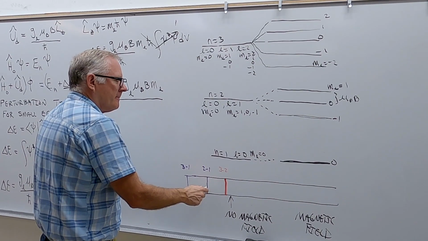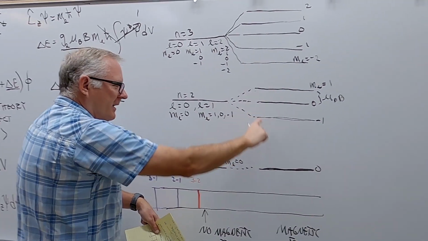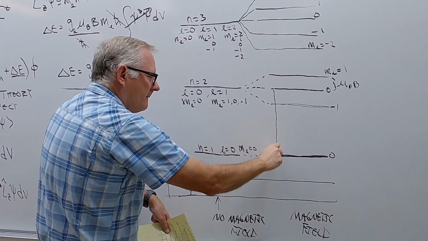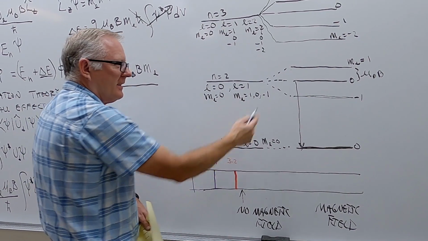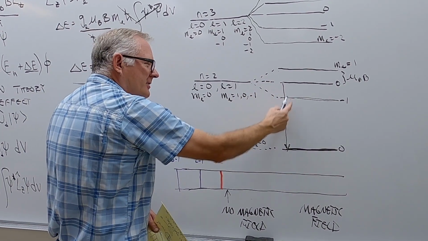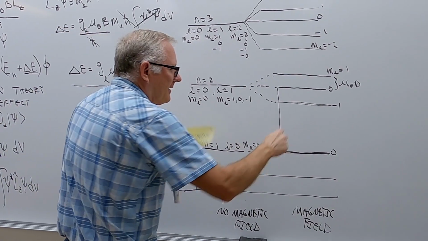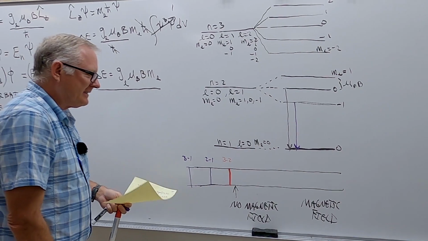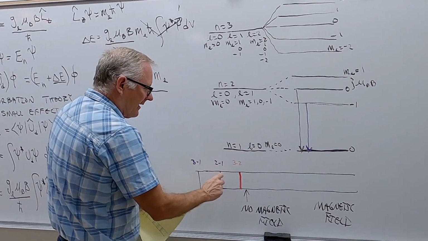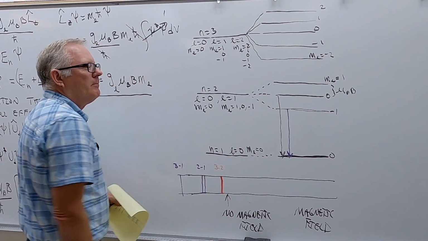From 2 to 1, from here to here, that's exactly the same spot, so it wouldn't do anything to that because the energies are the same. Now this one from here to here would be slightly lower. It would have dropped a little from here down. This would have been less energy. Since less energy is going that way, it would have given me another line right there, shifted over by mu B B.